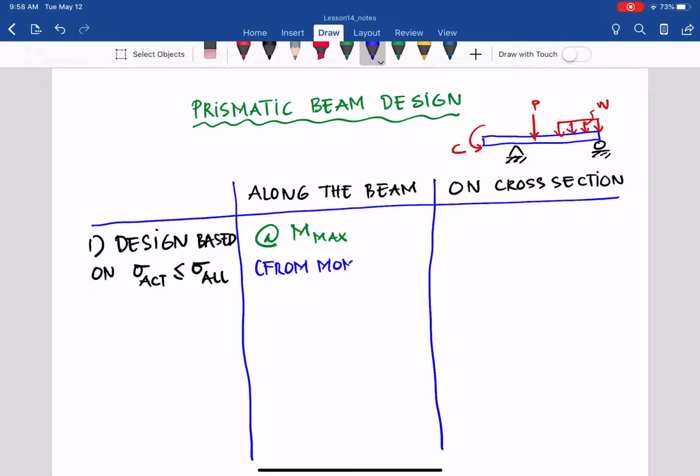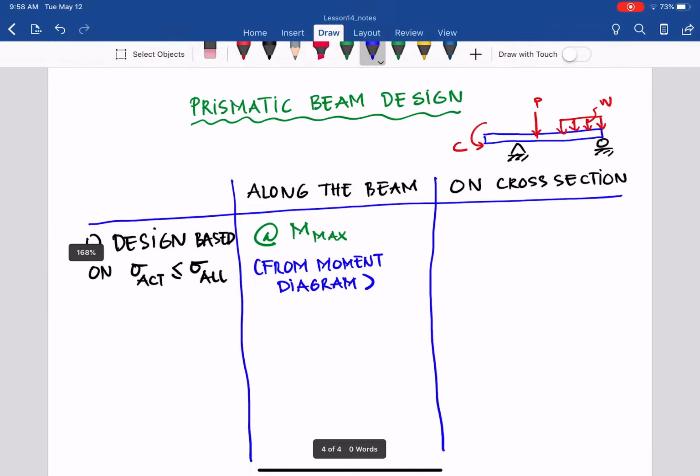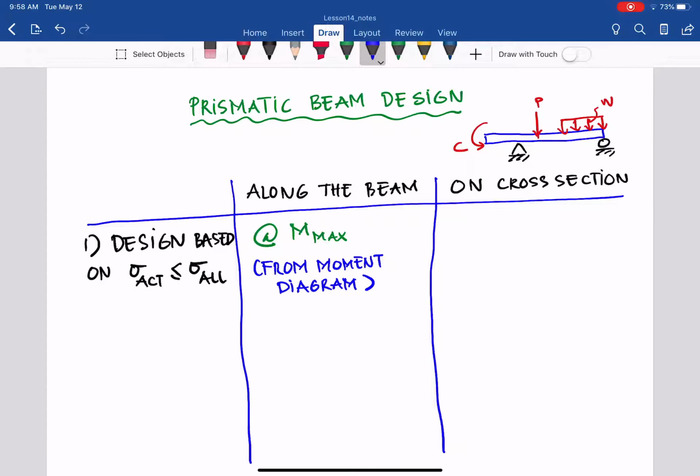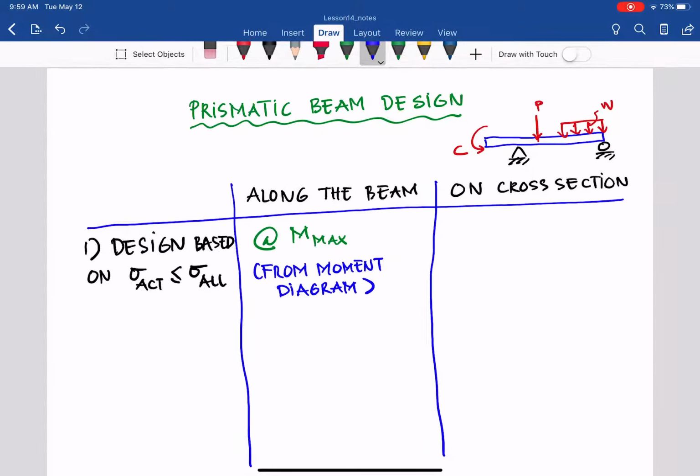Go back to the lesson where we drew the shear and moment diagram. From that we can see where along the beam we find the maximum moment. And then which location on the cross section are we looking at?